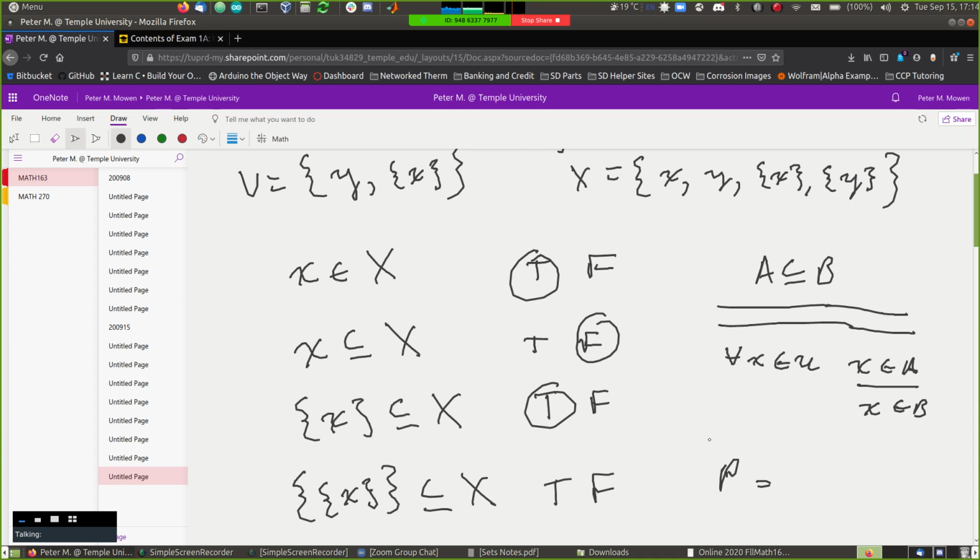Actually, hold on. Let me try to explain it in a different way. If we just look at this thing here, this is an element of our outer set. This set containing x is just an element in our outer set. Actually, let me ask a different question. It might be a little easier to see it this way. I think I'm kind of getting you guys lost.